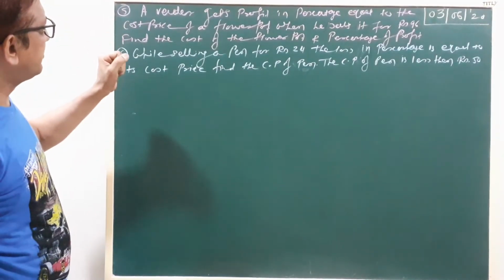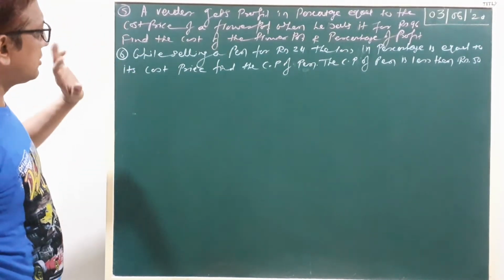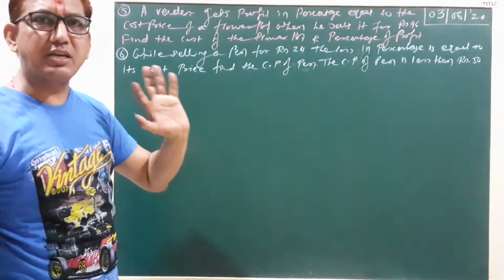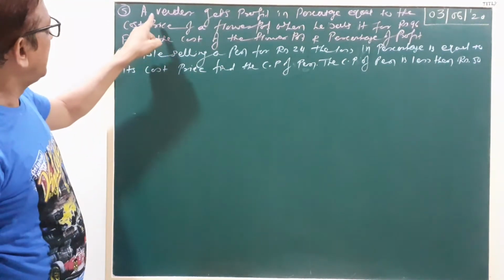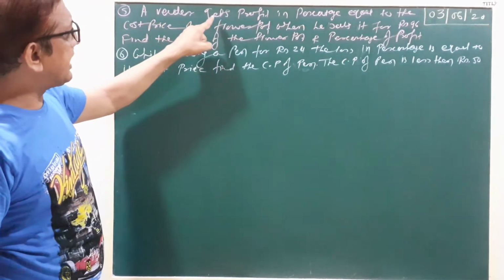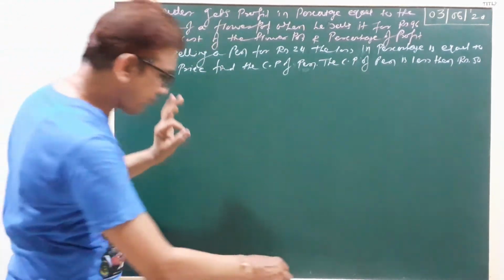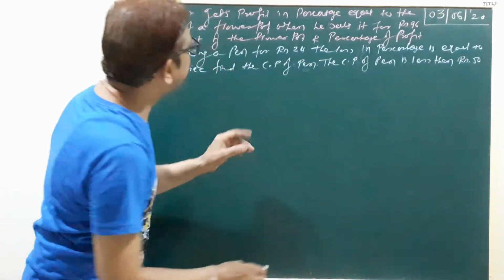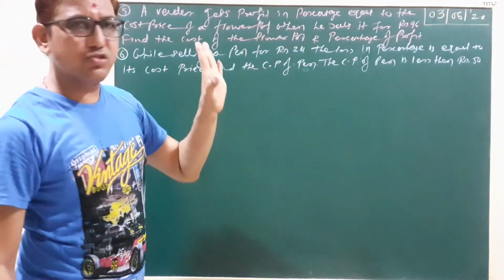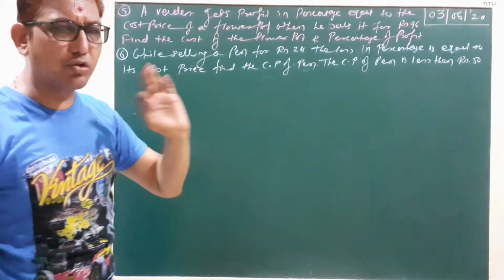Now the fifth sum. Fifth and sixth both are almost equal. A vendor gets profit in percentage, right? Read the question carefully.